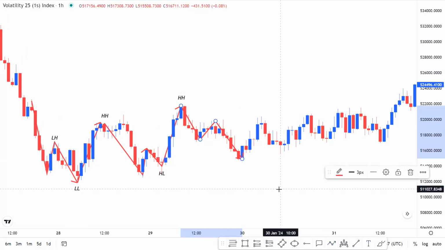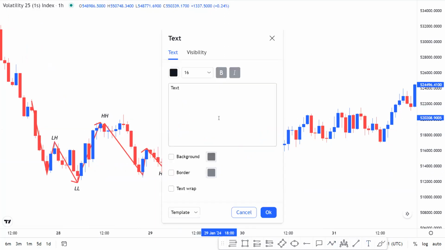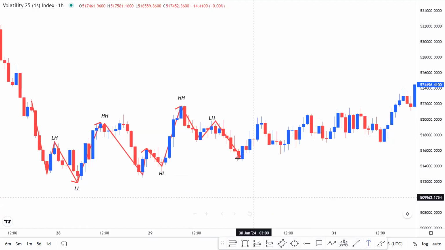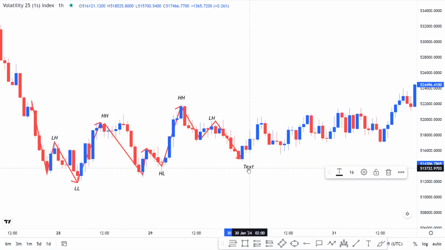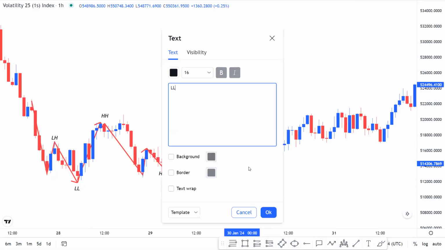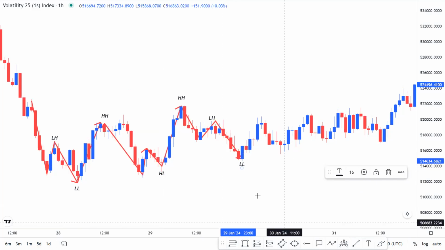Now, you can see we are having a clear case of a complicated structure right here. So we're having a lower high here. Obviously, this looks like a lower high. And then this looks like a lower low as compared to the previous low right here.